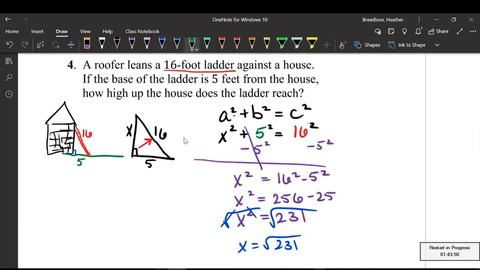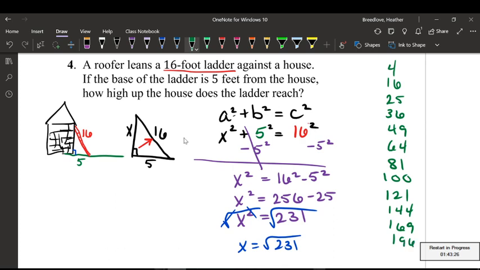So remember, if you have your list of perfect squares, we have 4, 16, 25, 36, 49, 64, 81, 100, 121, 144, 169, 196, that's probably plenty. And so now I want to see what's the largest value on that list that 231 is divisible by to get a whole number.